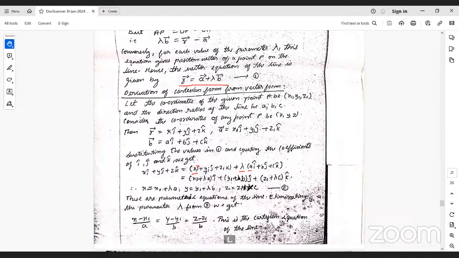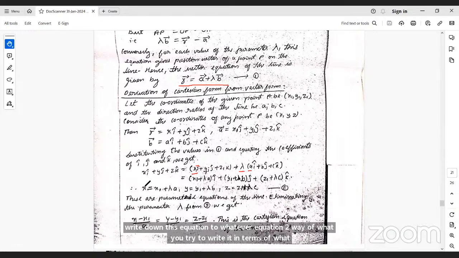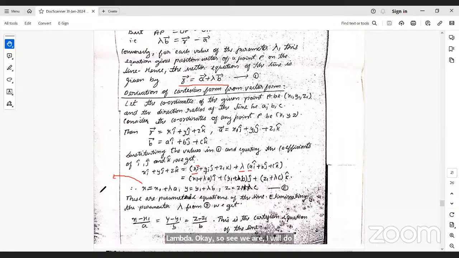Now we try to write equation 2 in terms of lambda. If I want to rewrite this, I can write x minus x1 is equal to lambda a, or lambda will be equal to x minus x1 upon a. So x minus x1 upon a is equal to lambda.